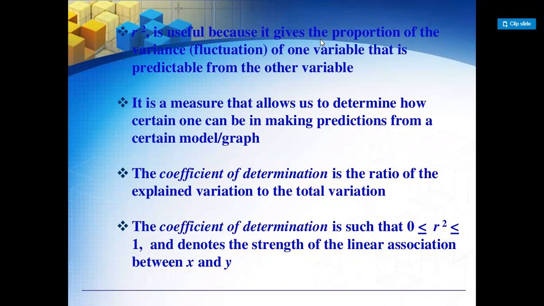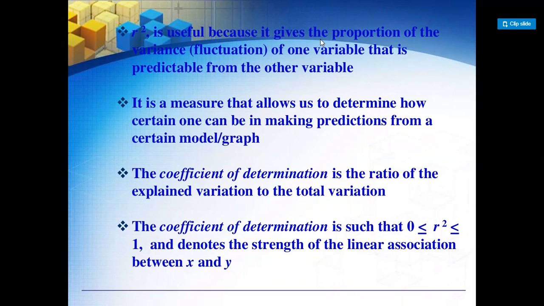So R square is useful because it gives the proportion of the variance of one variable that is predictable from the other variable. The coefficient of determination is the ratio of the explained variation to the total variation.